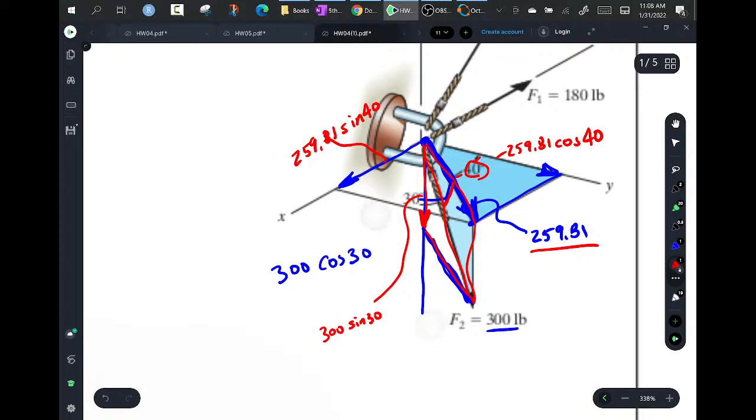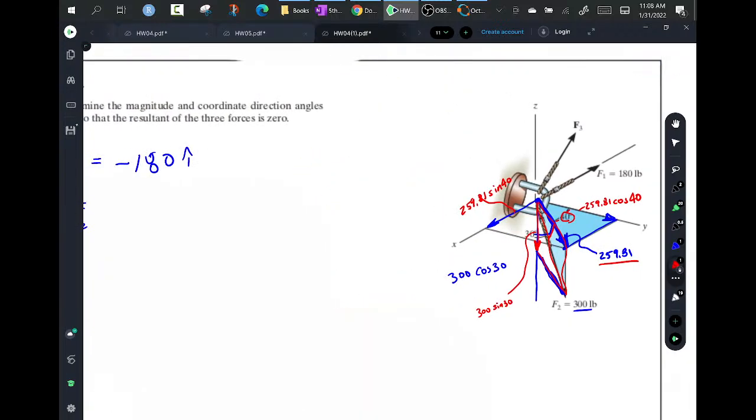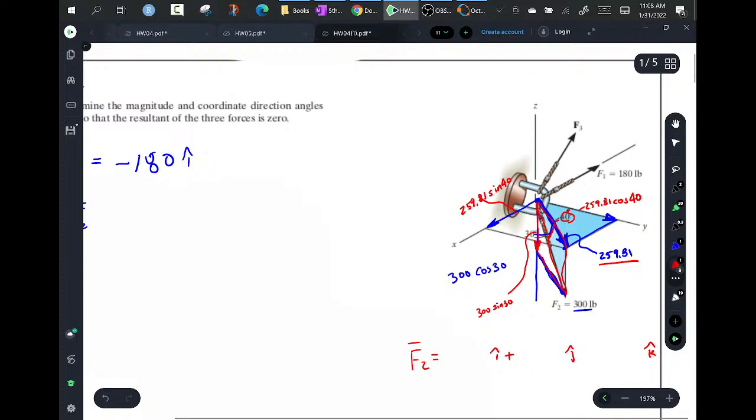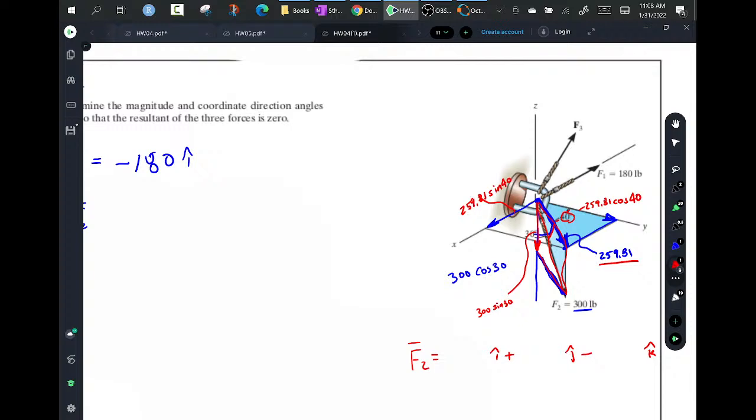So I'm sitting here looking at this, and now I realize, gosh, that's messy. So this is F2, and I've obviously got an I component, and a J, and a K. Now, I'm putting a plus, but I can tell you already, this component of this force goes down in the Z direction.